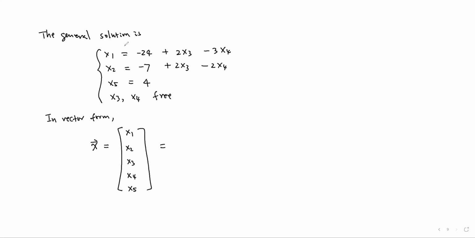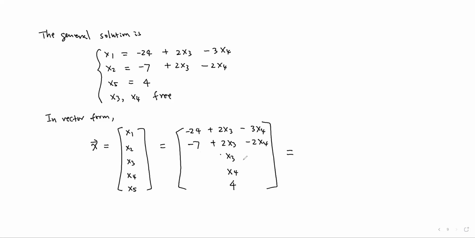Now, plug in the first equation in x1, the second equation in x2, the third equation in x5. But here keep x3, it is a free variable. Also keep x4. And then x5 is 4. Now split this vector into a sum.